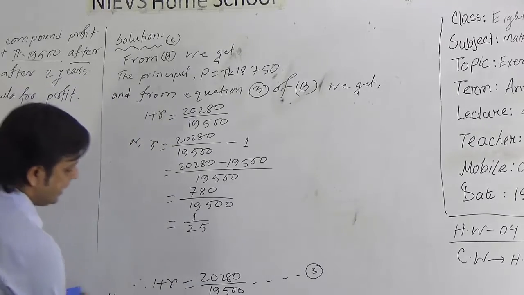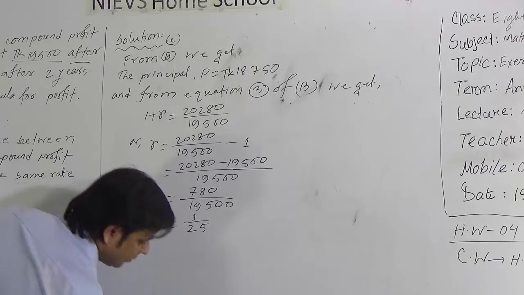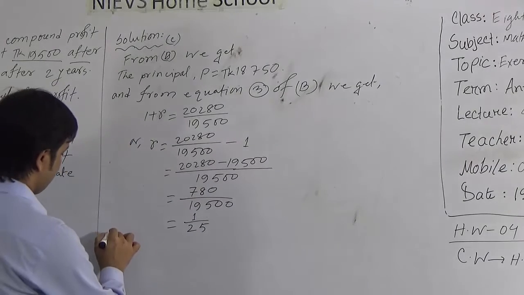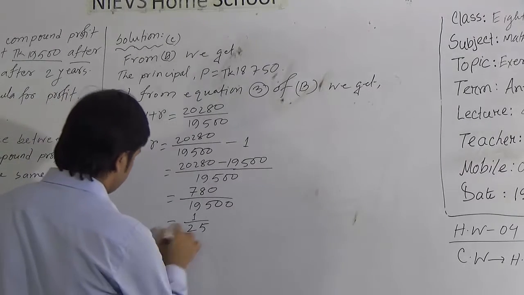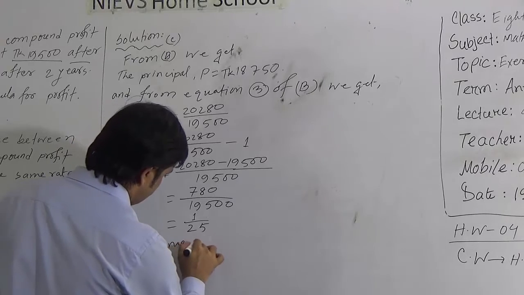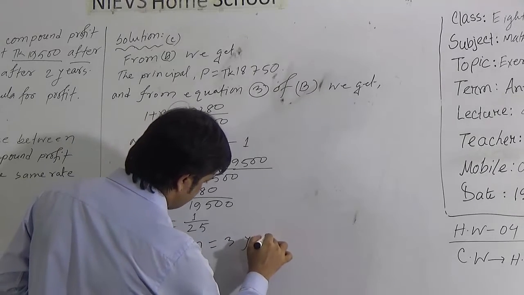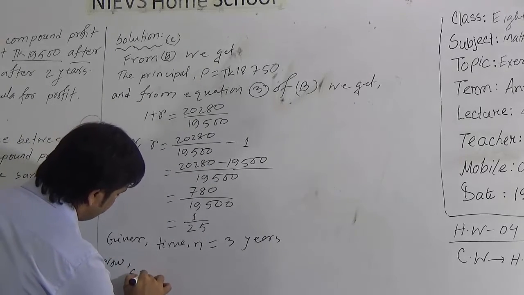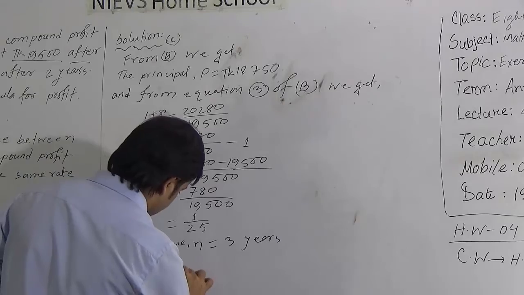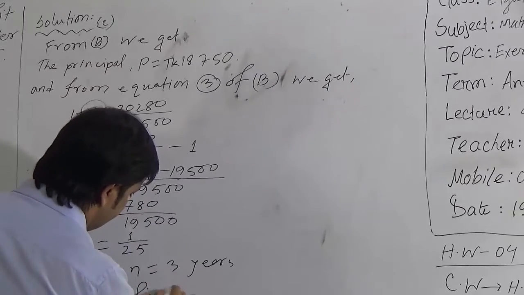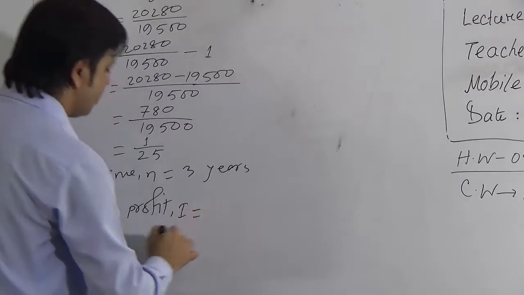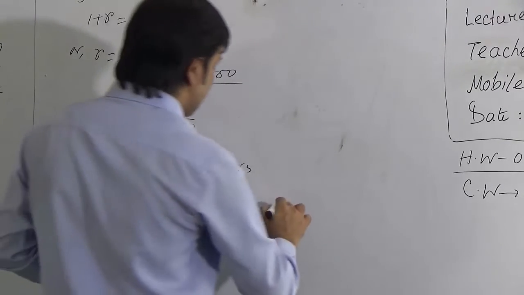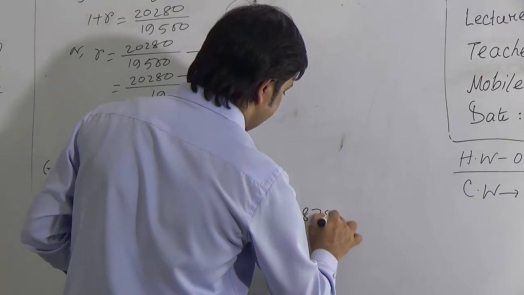So we can write now, given time n equal to 3 years, simple profit I equal to P R N. Put the value of P, here taka 18750.